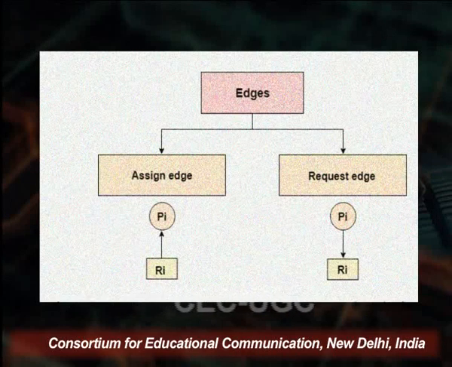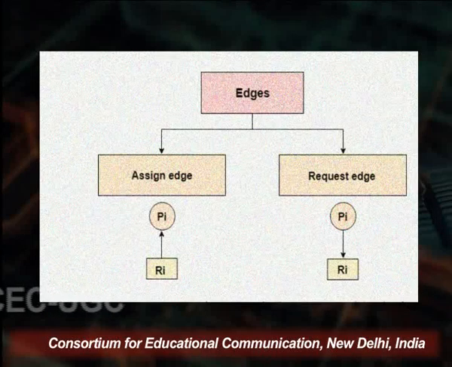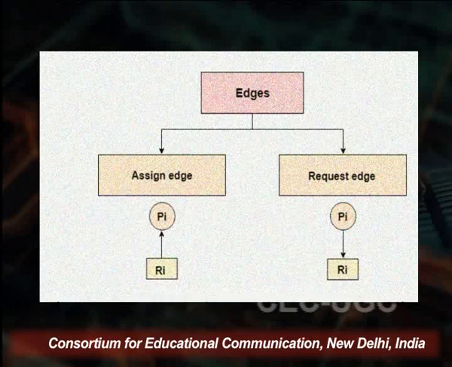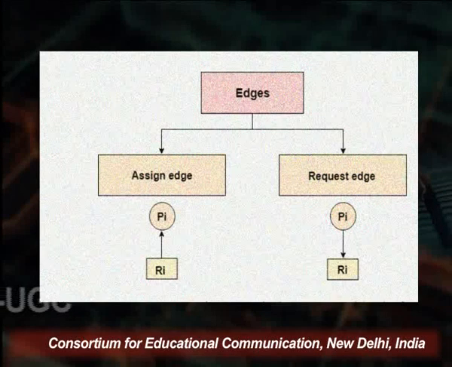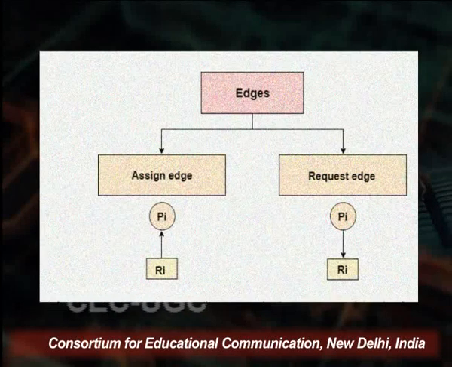Similarly, in case of vertices, we have 2. One is process and another one is resource. Processes are represented by circles. Here also you can see in the figure that the processes are represented by circles while the rectangles are used to represent the resources.